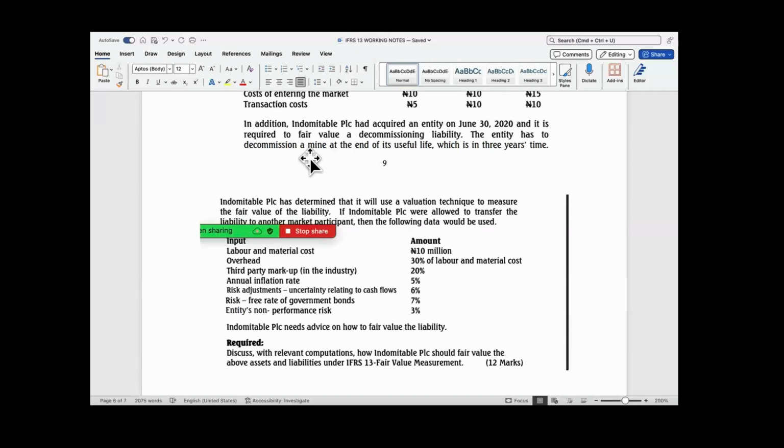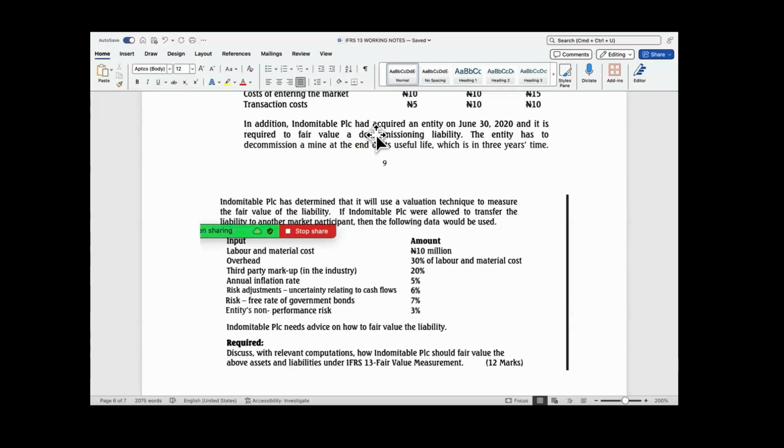So the entity has to decommission a mine at the end of its useful life, which is in 2 years' time. The entire point here is that Indomitable bought a company and is supposed to get a decommissioning liability. I'm sure you know what a decommissioning liability is. It's like a provision for a cost you will incur in the future.